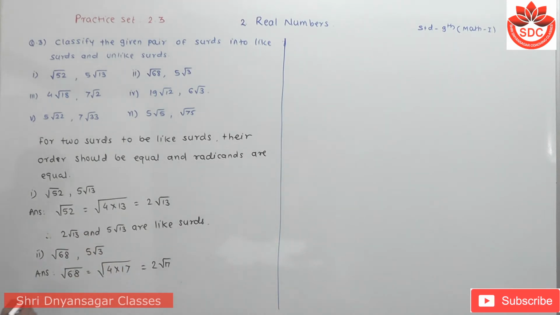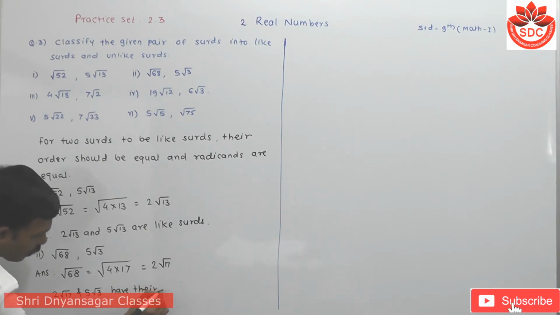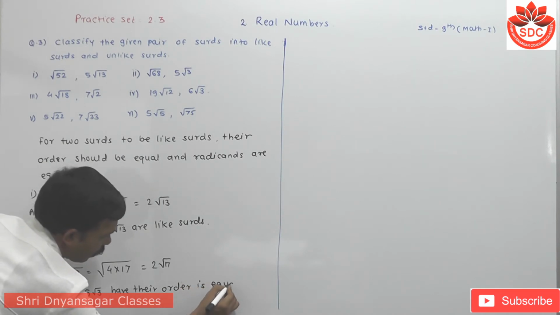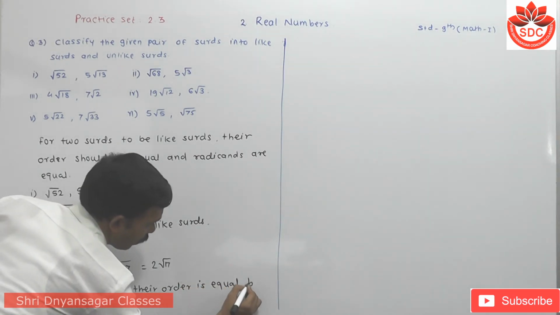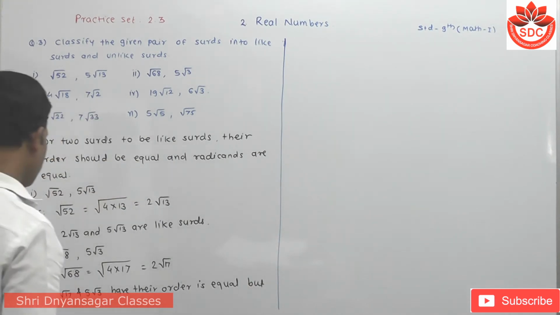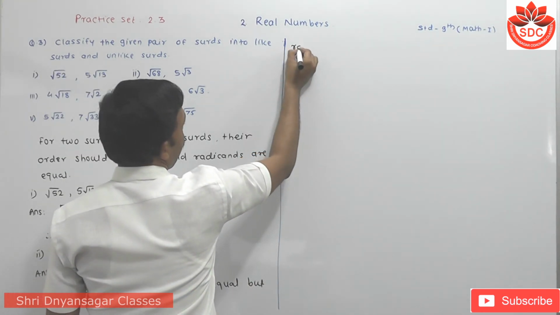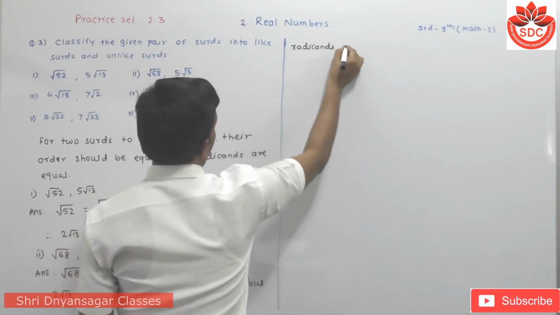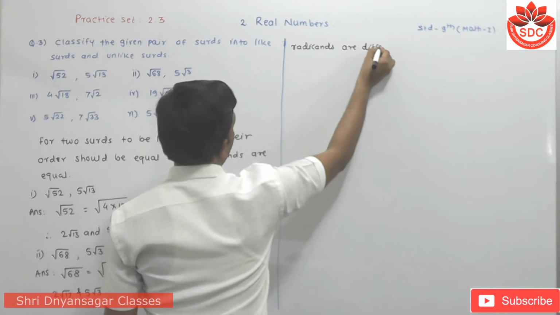So I have to write here: 2 root of 17 and 5 root of 3 have their order equal, but radicands are different.